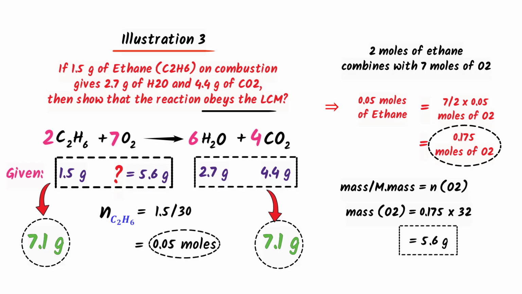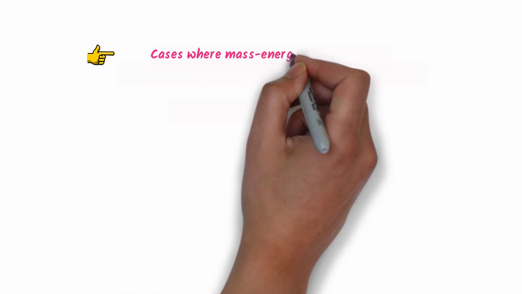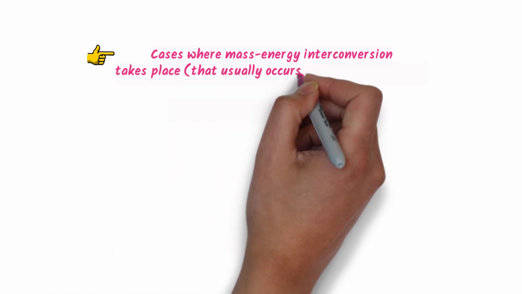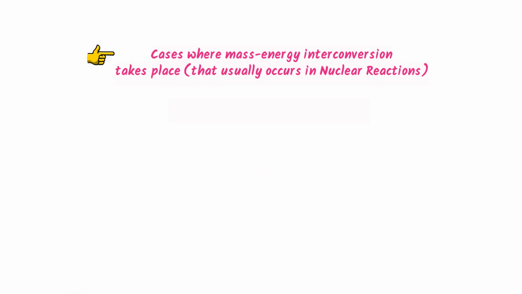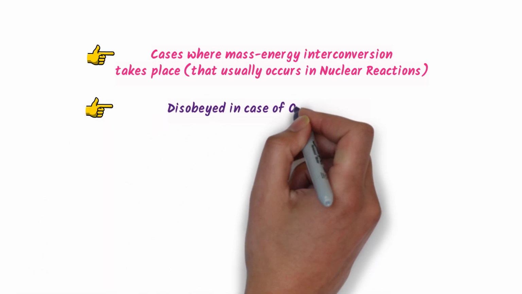Point to note is, law of conservation of mass is obeyed in almost all cases except in a few. That includes those cases where the mass energy interconversion takes place, and that usually occurs in nuclear reactions. And it is also disobeyed in case of open systems.